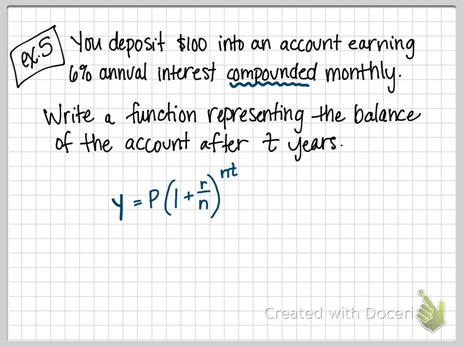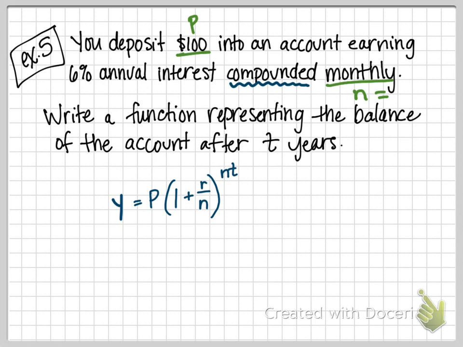All right. Let's start with our formula, this little guy, and let's plug in what we know. Do we know P? Yes. What's P? 100. That's our principal amount. So we'll be able to plug in 100 for P. We can plug in the N because we know that it's monthly. So N monthly, what would N be?